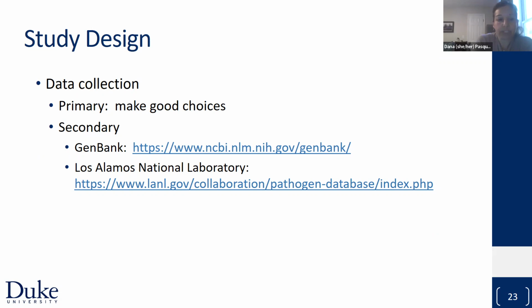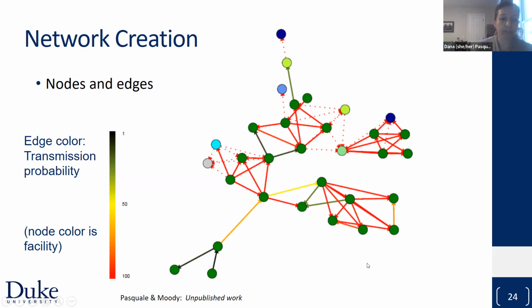There is a lot of information in these databases, but you do get what you get, and there are very limited bits of information about the sources of the sequences. So then just like any other network, you've got your nodes, which are defined a priori, as are your edges, and then the edges can be weighted or unweighted.